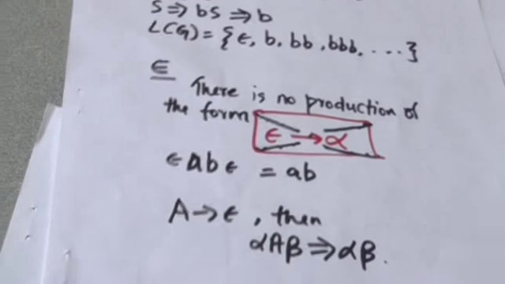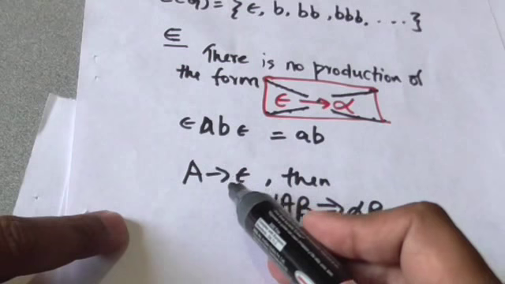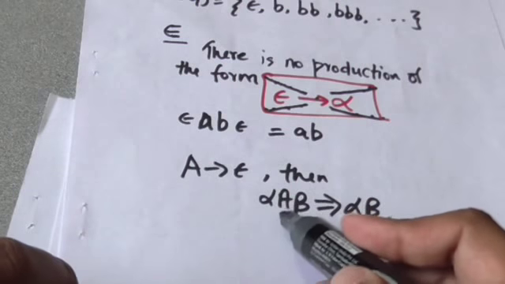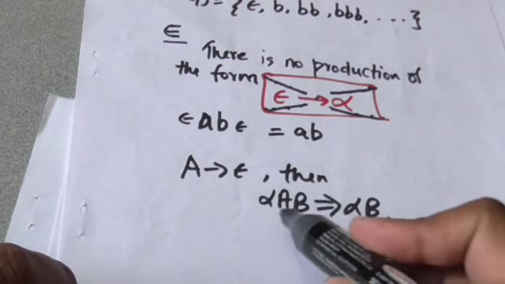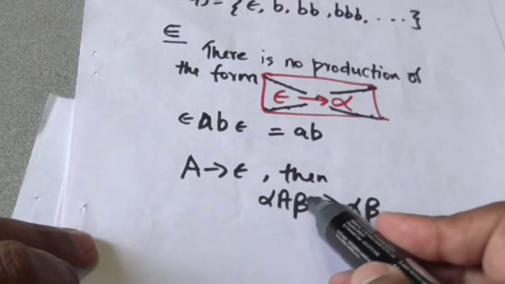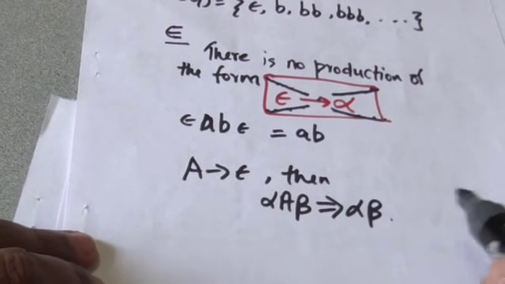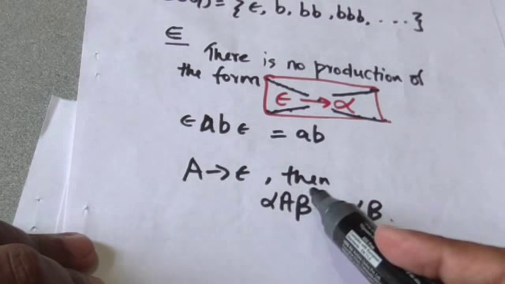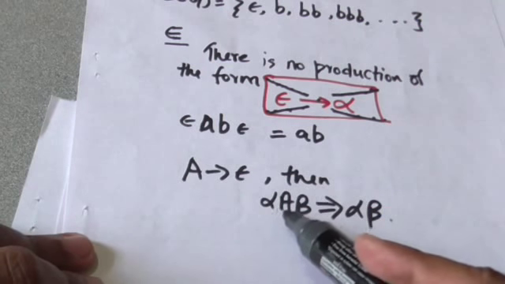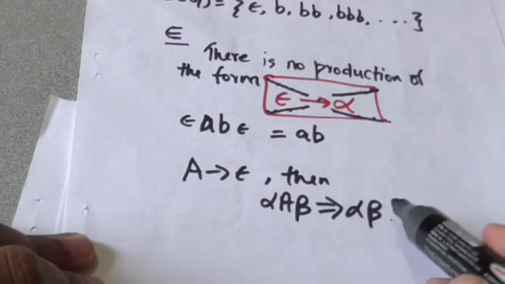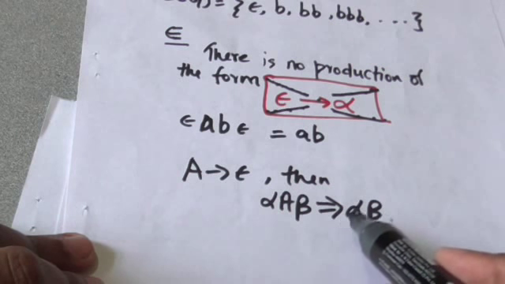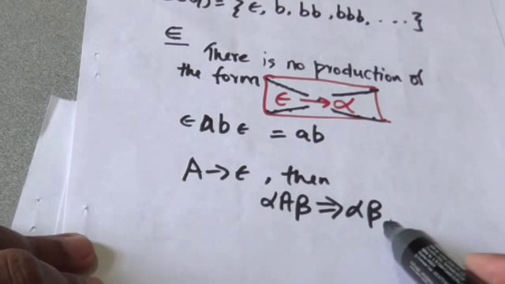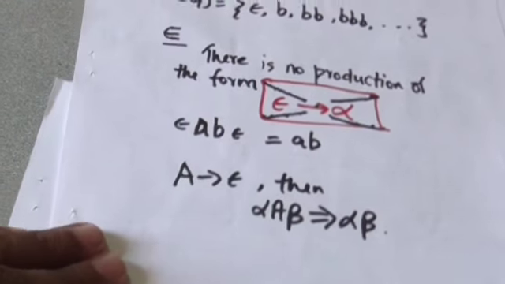Now if there is a production A derives empty, and we replace A by empty in some string alpha A beta, then it means we have deleted A, because when we apply this production rule, A will be replaced by empty, and empty vanishes from the string. So what will we get? We get alpha beta. A will disappear from the string.